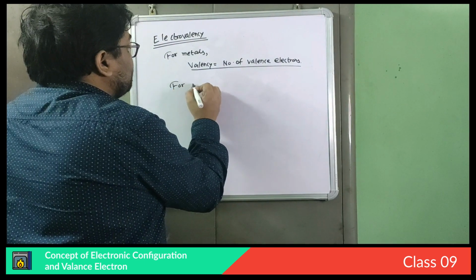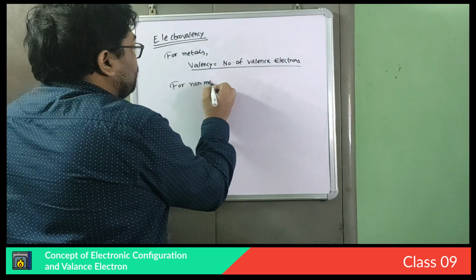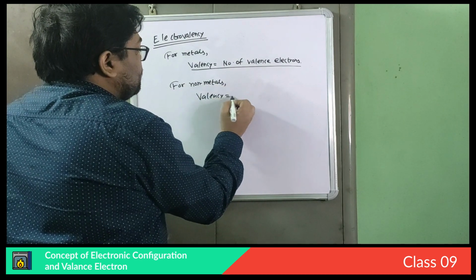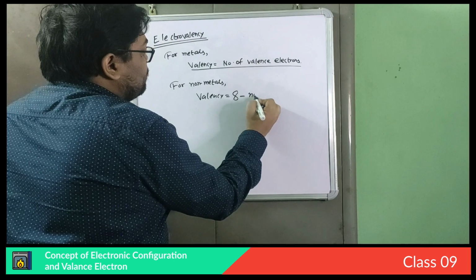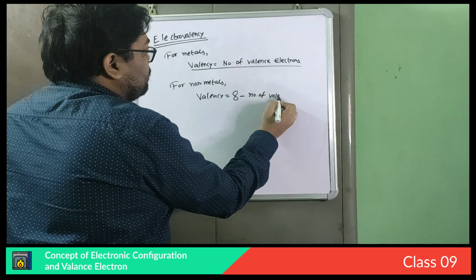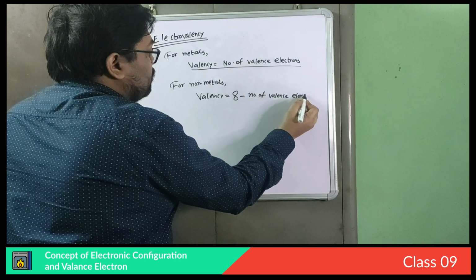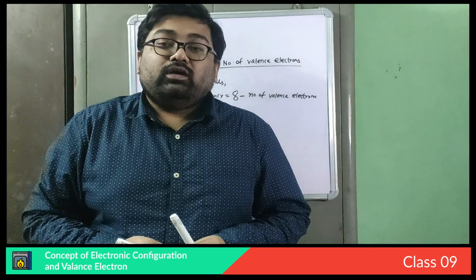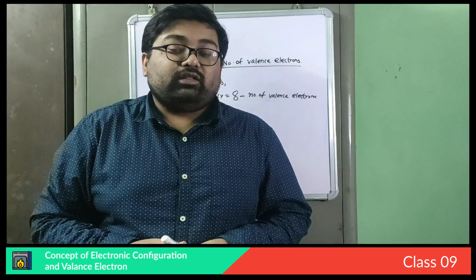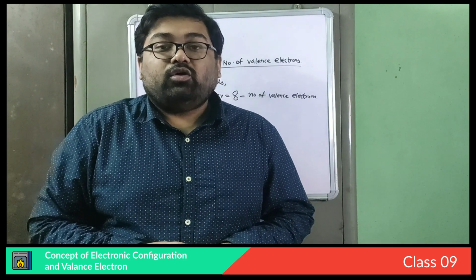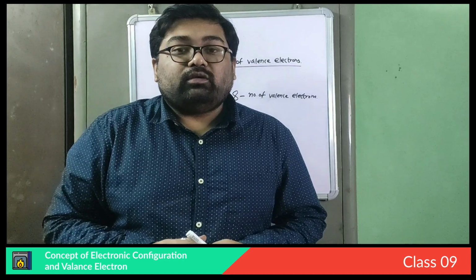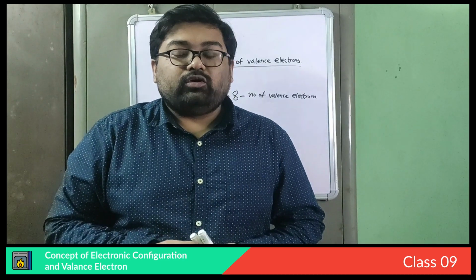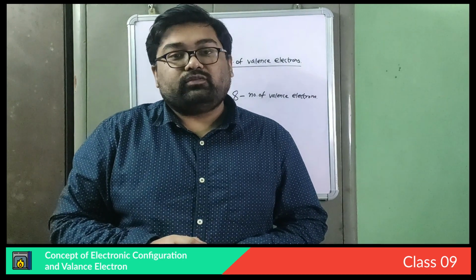And for non-metals, valency is equal to 8 minus the number of valence electrons. So this is the relation between valency and the valence electrons. For metals, the valency of an element is equal to the number of valence electrons, and for non-metals it is equal to 8 minus the number of valence electrons.